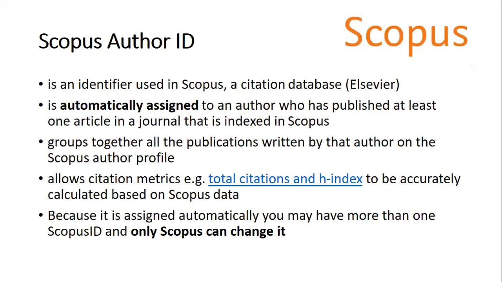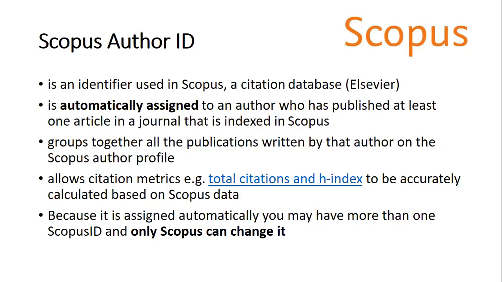Scopus is a major database owned by Elsevier, a major publisher. And they have their own author ID system, but it is automatically assigned once you have an article published in a journal that is indexed by Scopus.